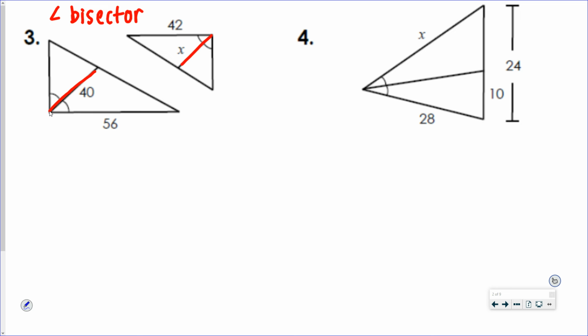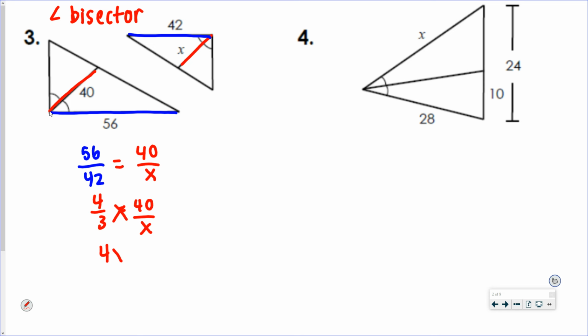Let's set up the scale factor here, 56 to 42. That's proportional to, since I started in this triangle, 40 to x. That reduces to 4/3. So you should get 30 for that one.